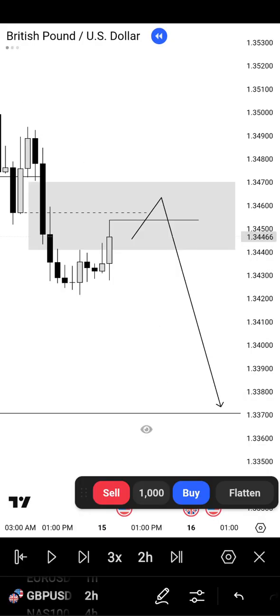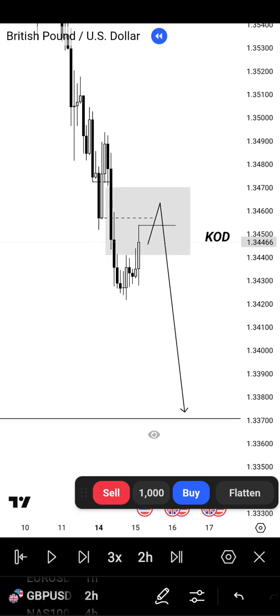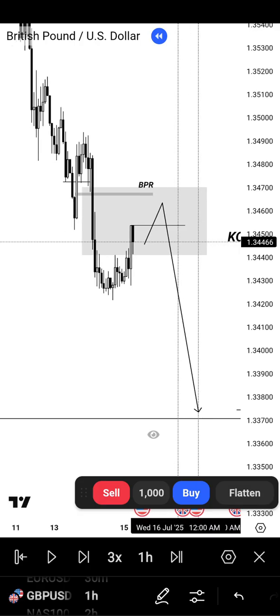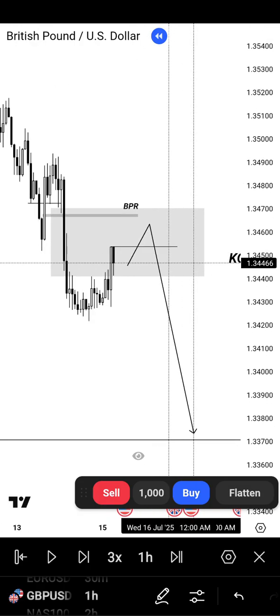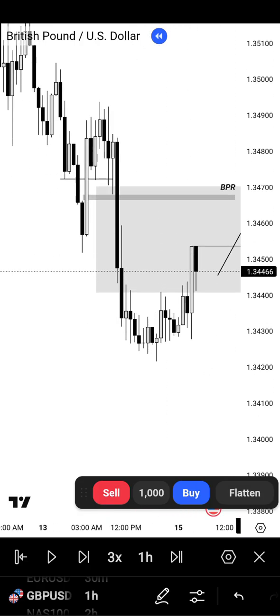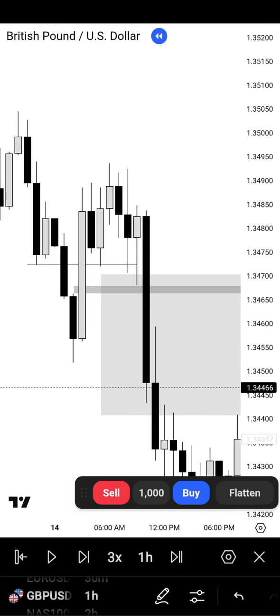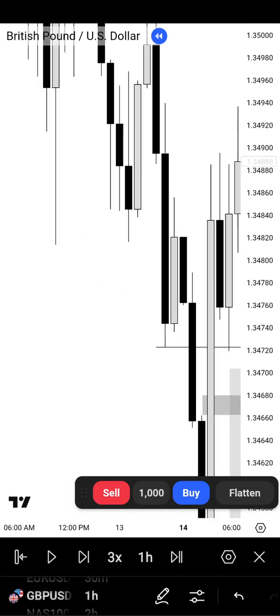If you go even lower to the 1 hour time frame, here's how everything gets fun. Right here we have a BPR, and the BPR, as I already mentioned to you guys by now, is one of the highest probability setups you'd ever take.